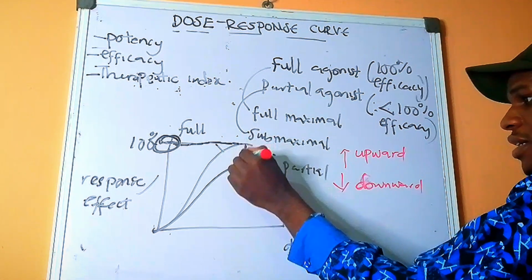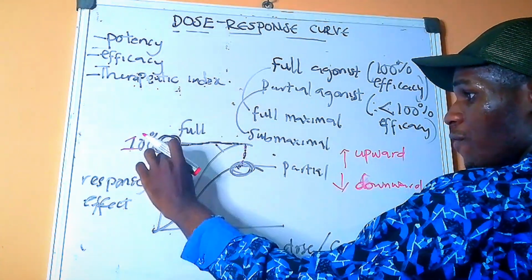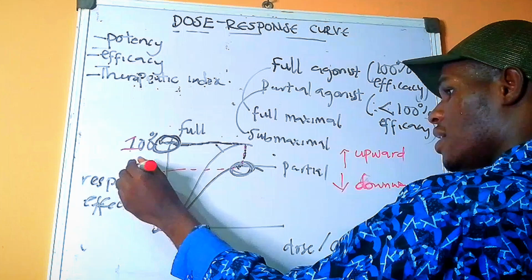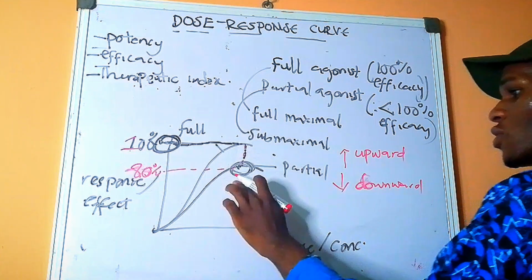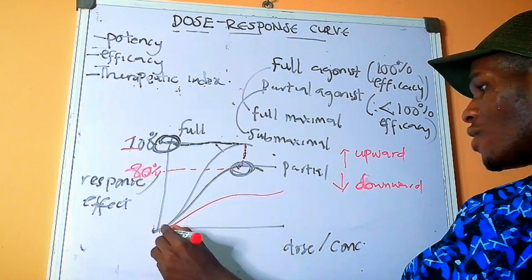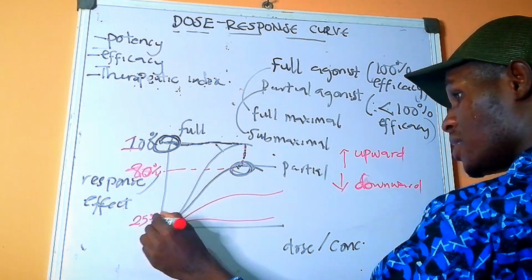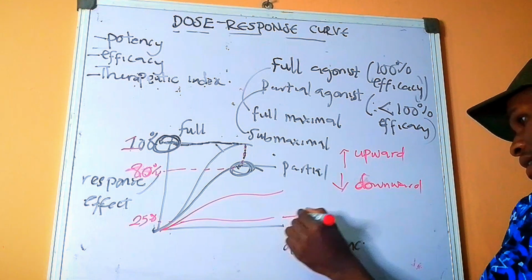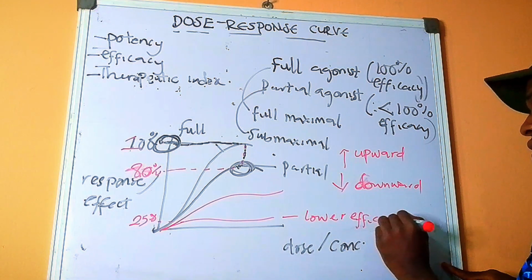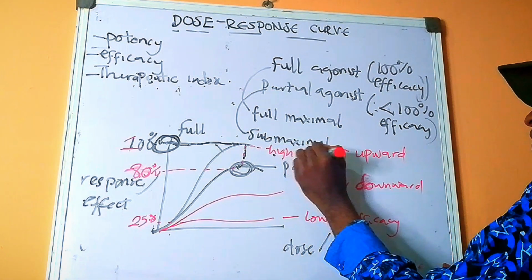From what you can see, let's say this is 100%, that is full efficacy, and this is, let's say, 80%, that is sub-efficacious for partial agonists. And there are some drugs that have very low efficacy. Let's say this is 25%, very low efficacy. Of course, this is now high efficacy.